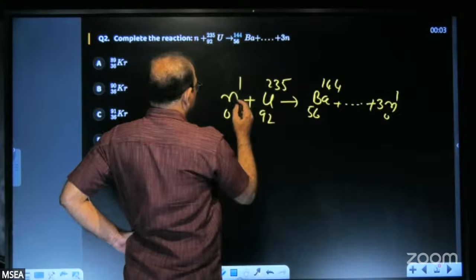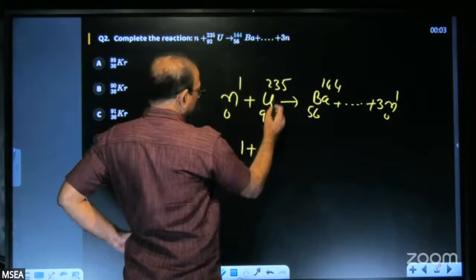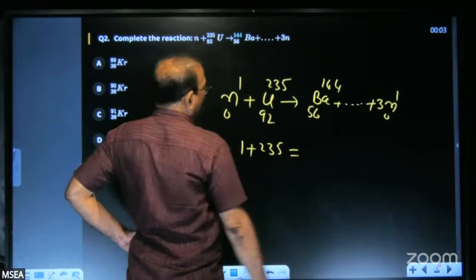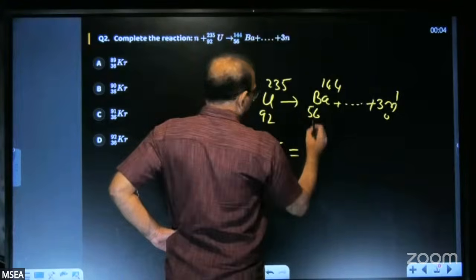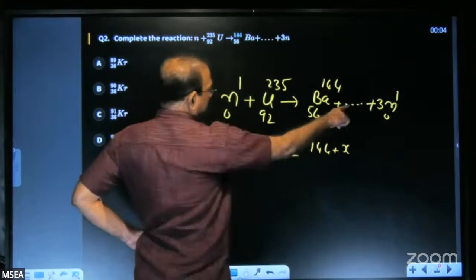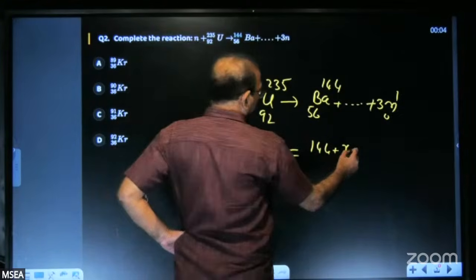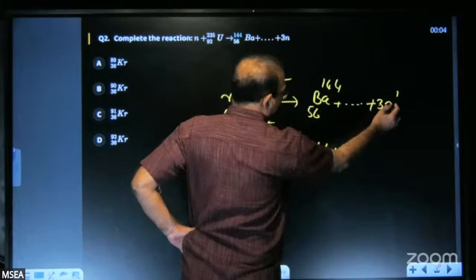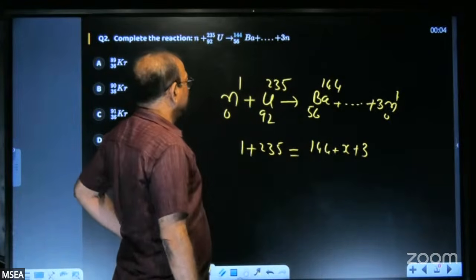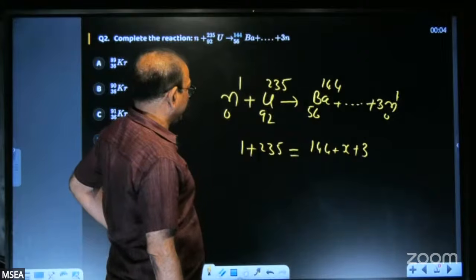So this side, mass number first I am doing, 1 plus 235. This side 144 plus some X, the unknown nucleus mass number, plus 3 into 1. From this find X. Then you will get that unknown nucleus mass number.